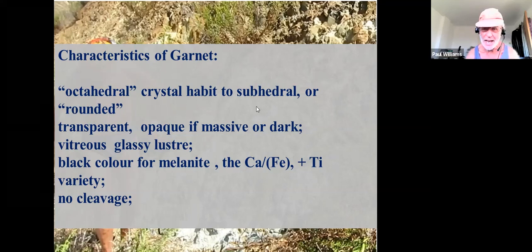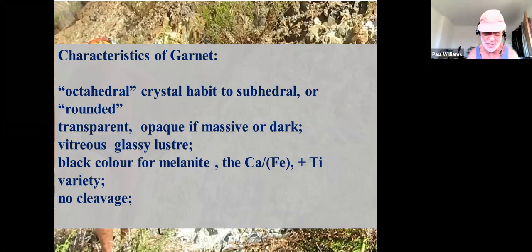And as I say, often subhedral, where you might find some crystal edges on these rounded, almost octahedral crystals. Now, if you get quite thin sections of this material, it's transparent. But if it's massive, as in that last slide, it becomes opaque.